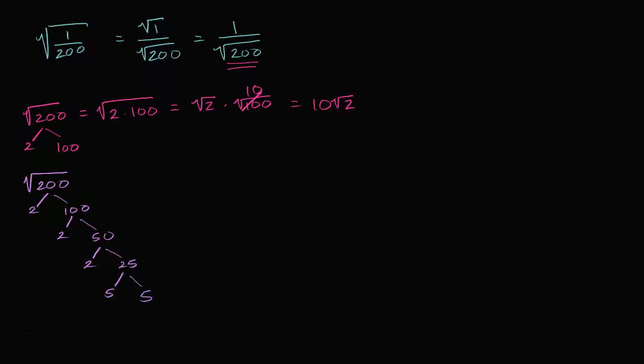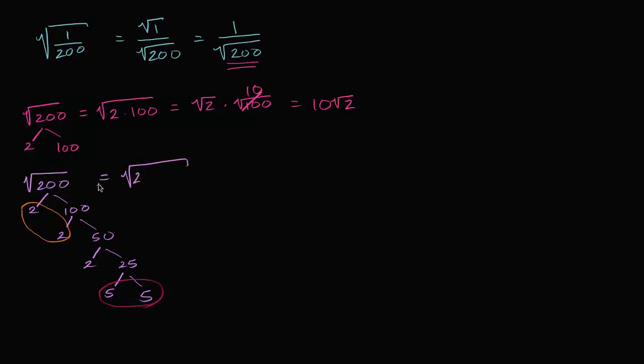And to identify the perfect squares, you would say, all right, are there any factors where I have at least 2 of them? Well, I have 2 times 2 here, and I also have 5 times 5 here. So I can rewrite the square root of 200 as being equal to the square root of 2 times 2 times 5 times 5 times 2 times 2.